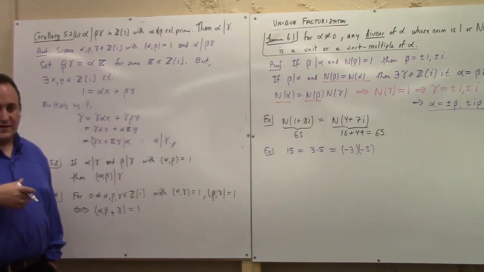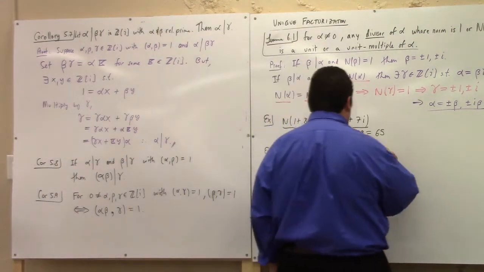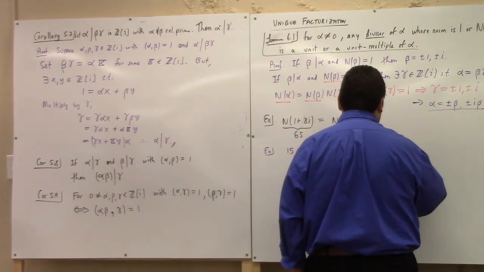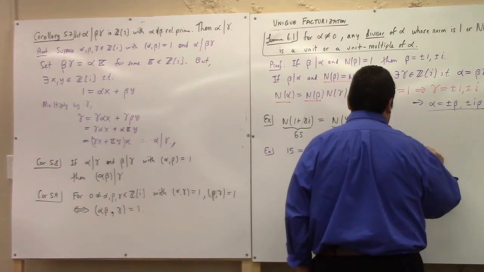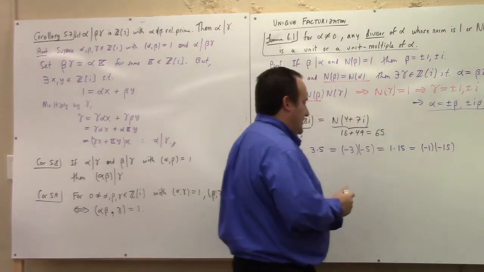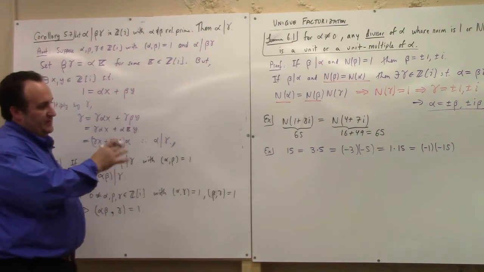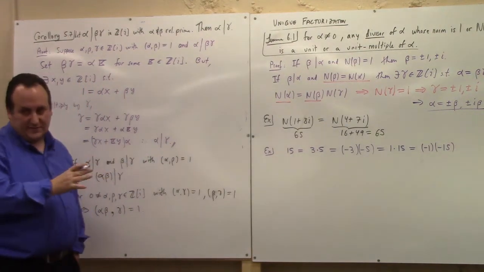What are uninteresting factorizations of 15? Well, how about 1 times 15, right? In some sense, we don't really count these as factorizations, do we? I would say 3 times 5 and minus 3 times minus 5 are interesting.